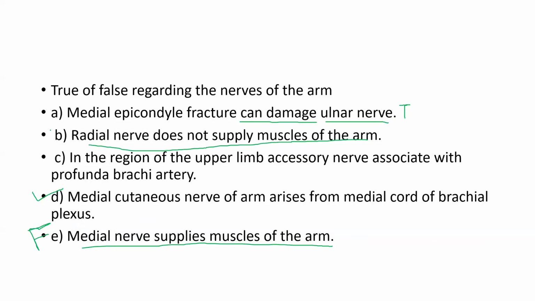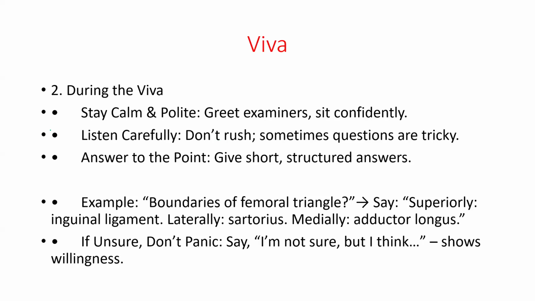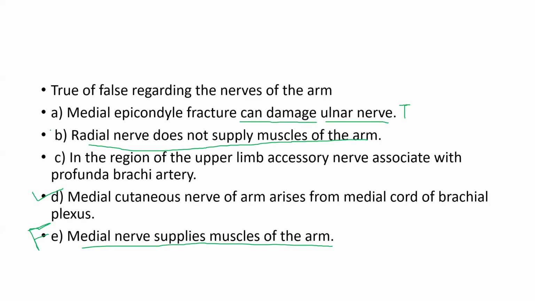Now, we will move to the Viva. Viva tips. In the Viva, there will be 1 examiner, or mostly 2, sometimes 3. There will be a table, and you will be sitting in front of them.